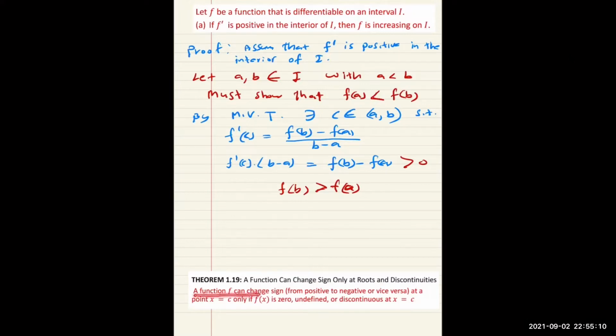A function f can change sign from positive to negative or negative to positive at a point x equal to c only if f of x is 0, undefined, or discontinuous at x equal to c. That's a very important theorem. Recalling that theorem, now let's go to our first example.